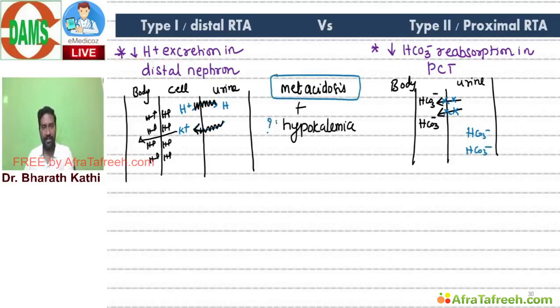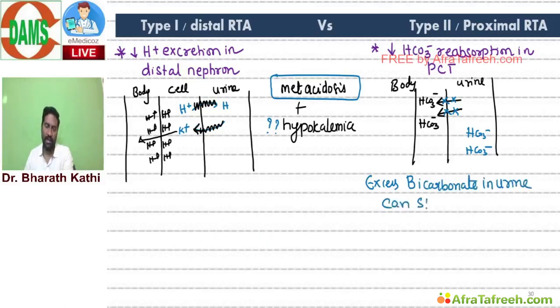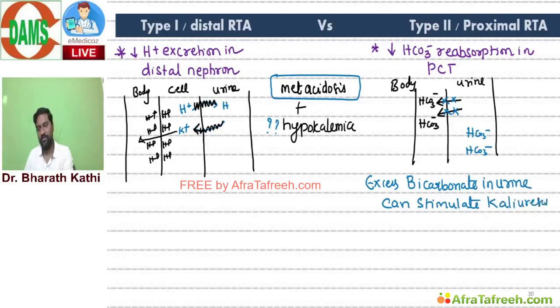Then what is the reason for hypokalemia? The reason is excess bicarbonate in urine. Excess bicarbonate in urine can stimulate kaliuresis. It means this bicarbonate is a negatively charged ion.